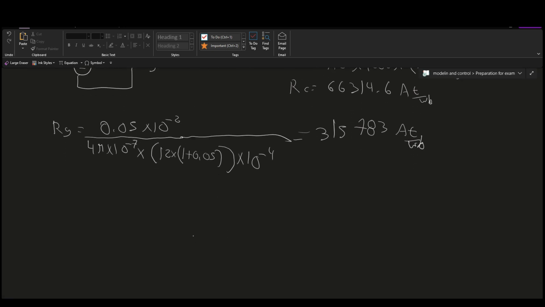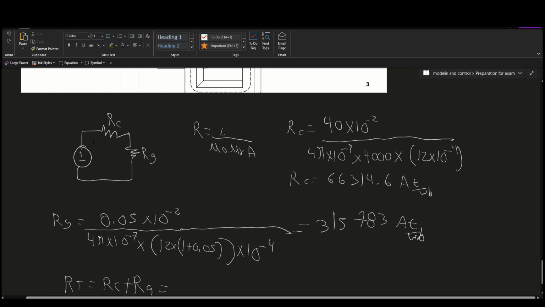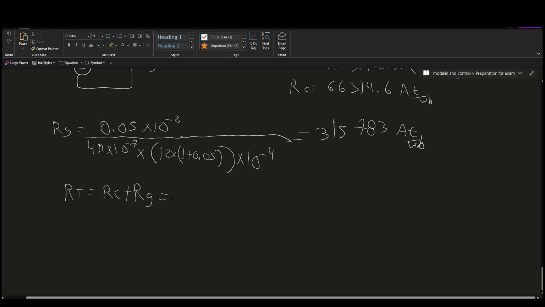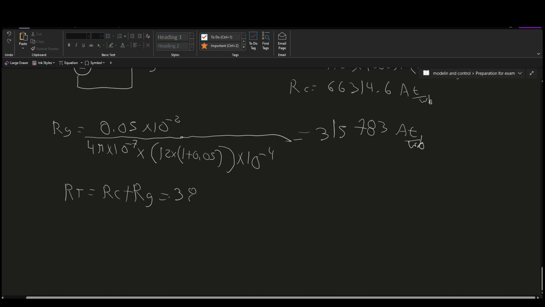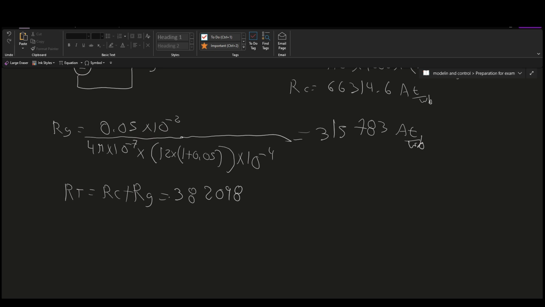Now that we have the two reluctances, we can calculate the total reluctance, that is just the sum of both of them, because if we look at the magnetic circuit, we can see that they are in series, and this will give us a total of, if we just add them up, approximately 382,000 ampere turns over Weber.